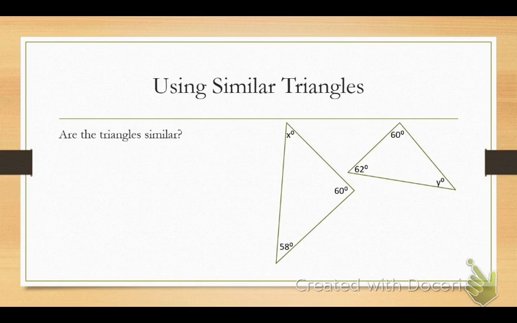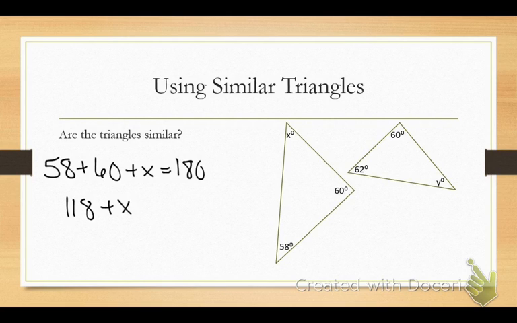Guys, this is the very simple part of solving for this. 58 plus 60 plus x. Hold on one sec. Here we go. 58 plus 60 plus x equals 180. So that is 118 plus x equals 180. And how do I solve for x?